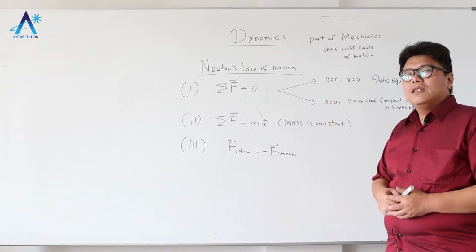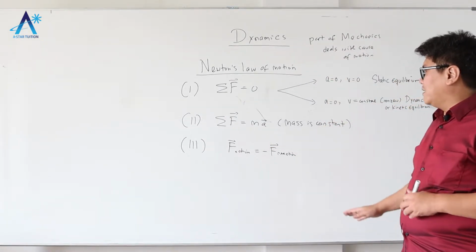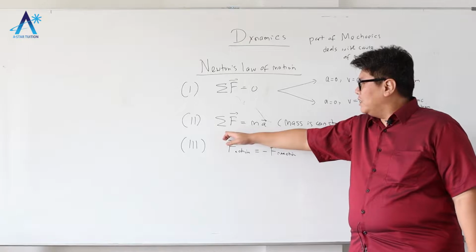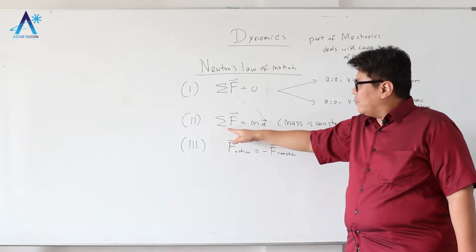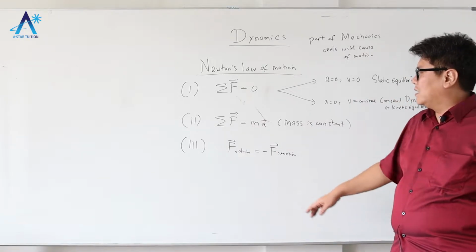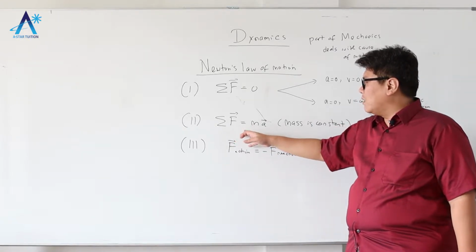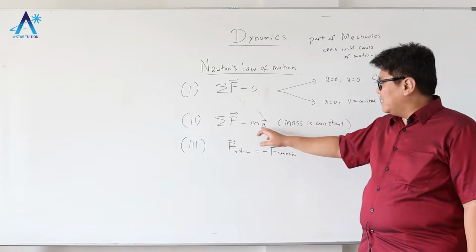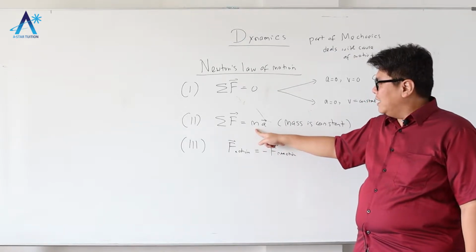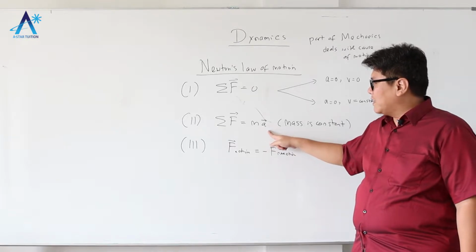The second law is resultant force is equal to mass times acceleration. So when the resultant force is non-zero, it is numerically equal to the product of the mass and its acceleration. Please understand that mass here is a scalar, acceleration is a vector.